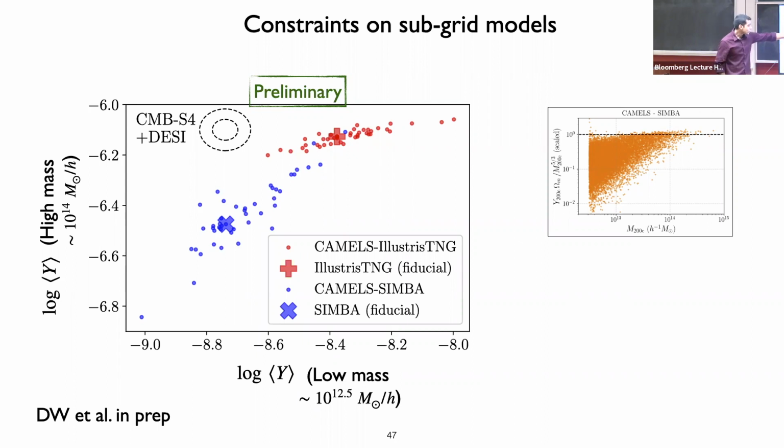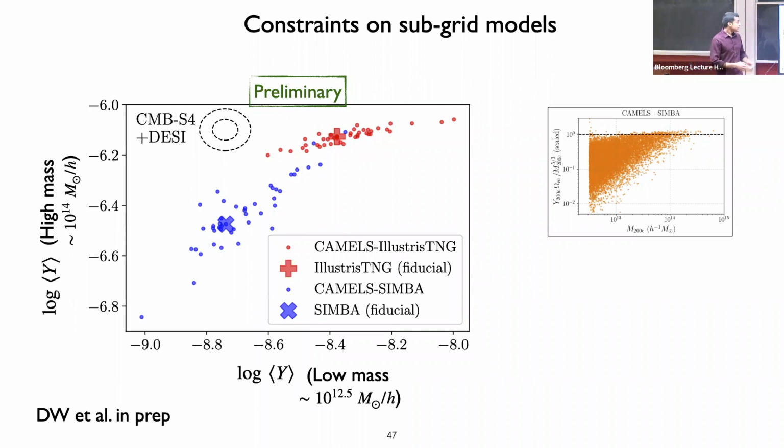These small dots are the variations in these baryonic feedback parameters in these simulations, and they also cover some part of the parameter space. The axes are just the Y measurement at high mass and the Y measurement at low mass. Like in this previous plot, we are comparing the Y measurements at a bin here and a bin here.